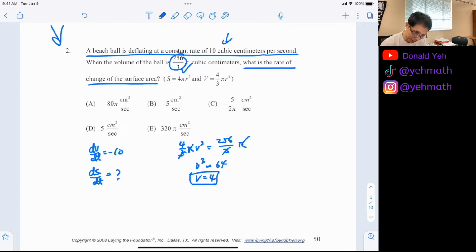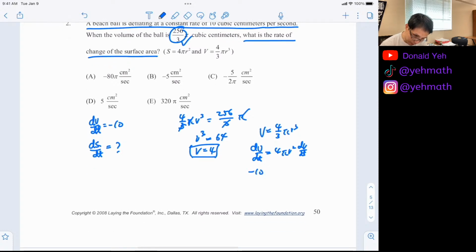dV/dt is -10, so we're going to take V equal to 4/3 pi r cubed. dV/dt is equal to 4 pi r squared dr/dt. Surface area S is equal to 4 pi r squared, so dS/dt is equal to 8 pi r dr/dt.